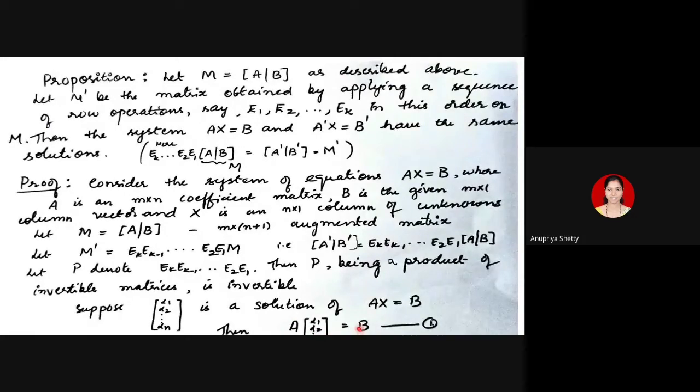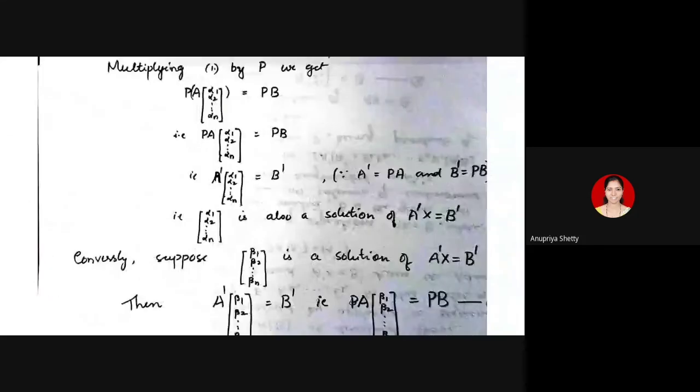Now what we'll do is, on the LHS as well as the RHS, on the left side we'll multiply by the matrix P. I'll be multiplying on the left of A by P and also on the left of b by P, multiplying both sides of equation 1 by P from the left side. Don't change the order, because matrix multiplication is not commutative in general.